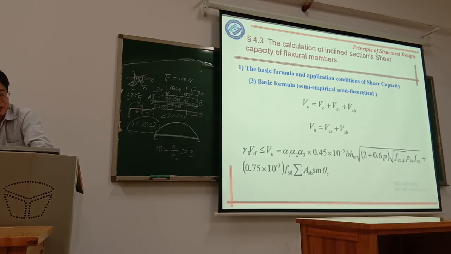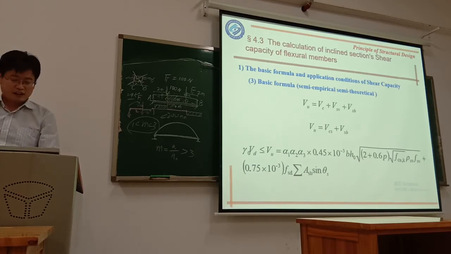Oh, no, 85, sorry, 85. You see, alpha 1 is the opposite sign influence coefficient of the bending moment. How do we understand this meaning?